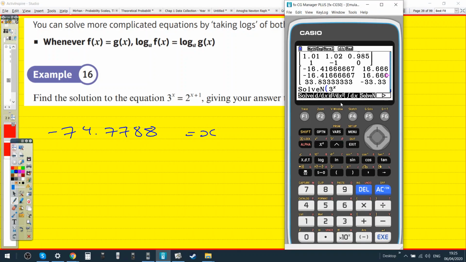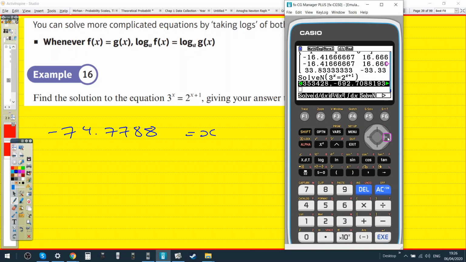So 3 to the x equals 2 to the power of x plus 1, which is still in the power. I got minus 600, and what did this calculator do?